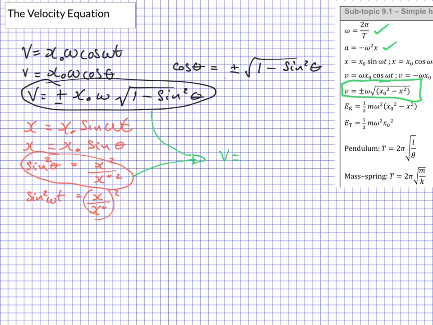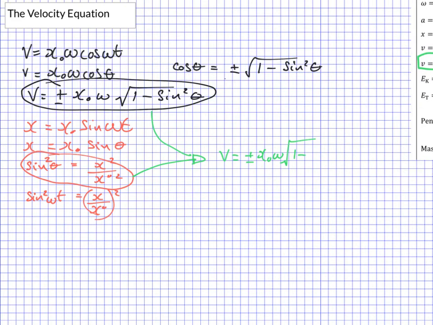So I've got v is equal to plus or minus x naught omega, and then the square root of 1 minus, well, I did have sine squared theta, but now I can substitute that in for x over x naught, squared. Now it's just a case of simplifying it down.